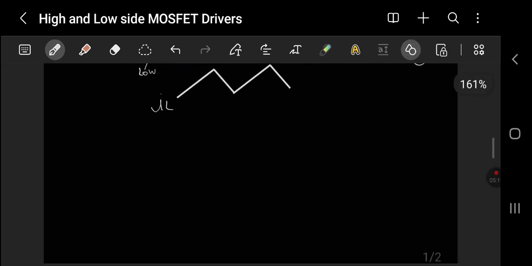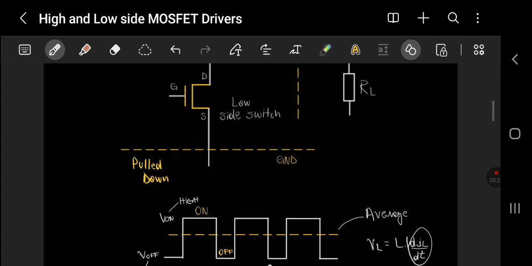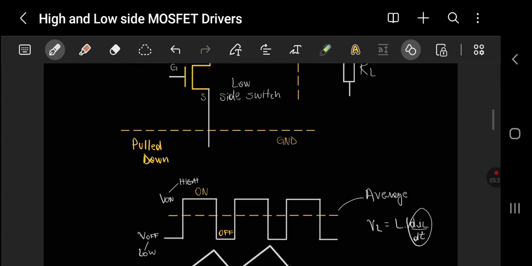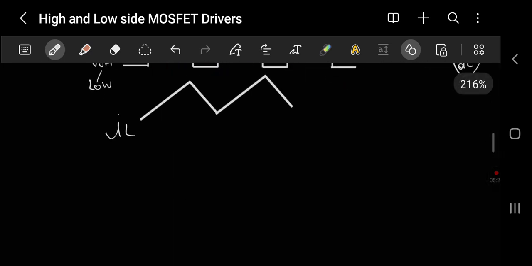You are also going to see this type of topology or configuration, this circuit, drawn like this, which is pretty much the same.